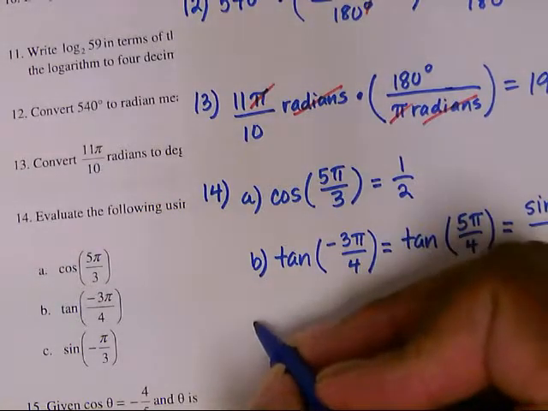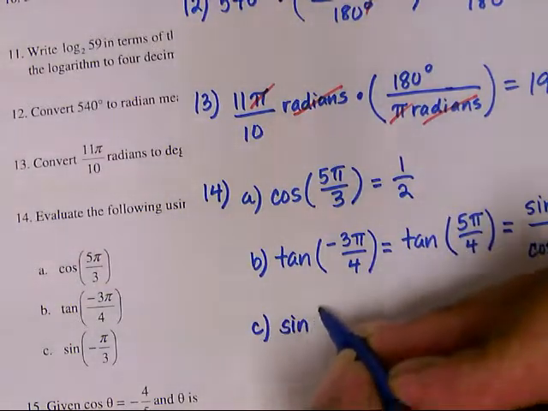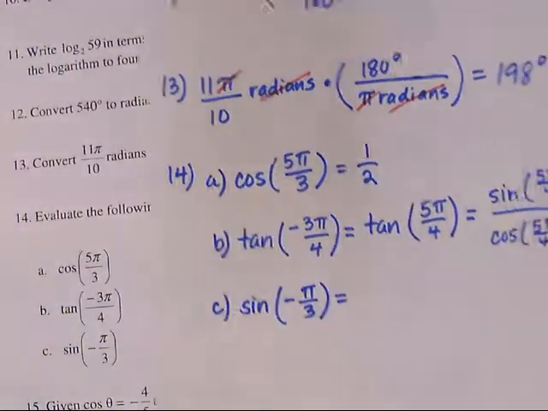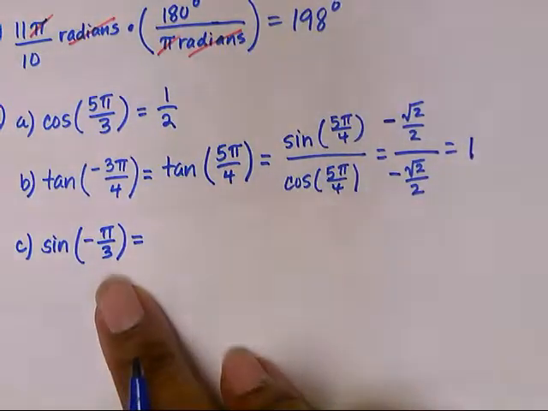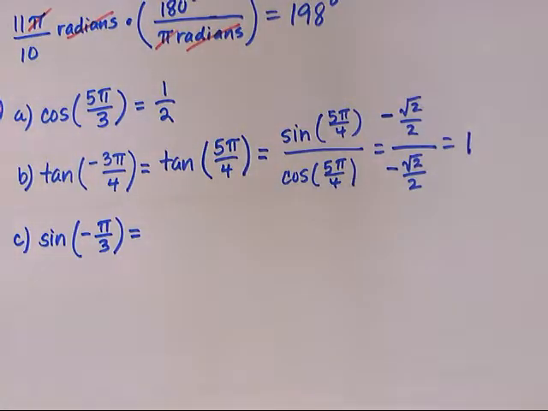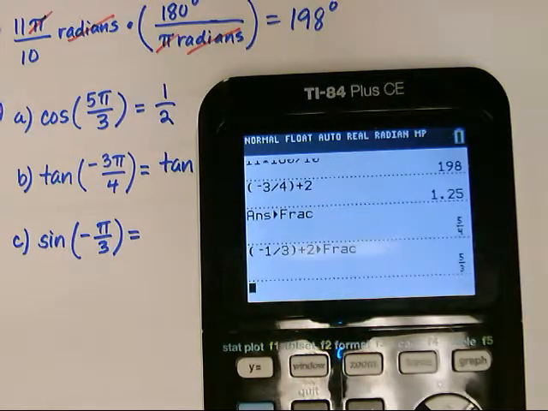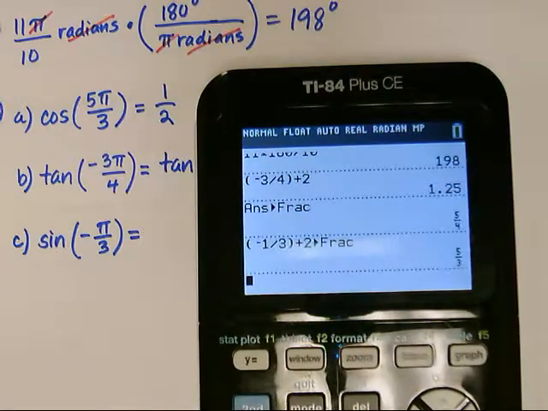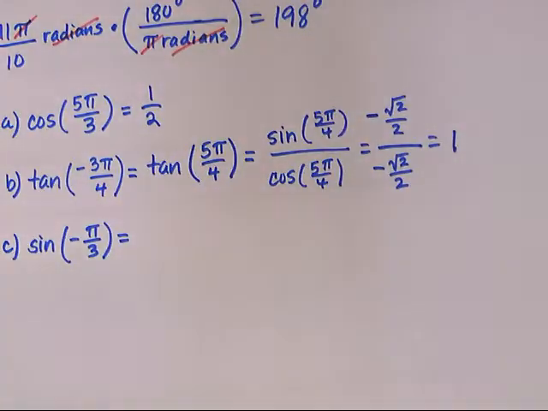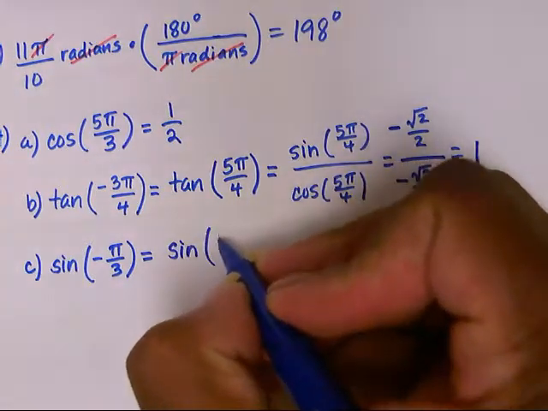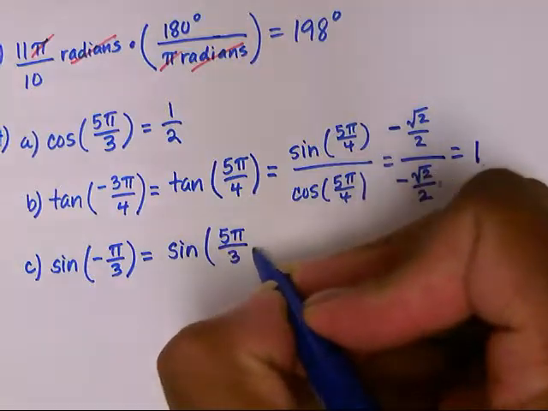And then part C, the sine of negative pi thirds. Now again, I would add 2 pi to that negative pi over 3. And I'm going to treat that like negative 1/3, so negative 1 divided by 3 plus 2. Press the math key and change it to a fraction. This will be 5/3, which is actually 5 pi over 3. So I'm going to be evaluating the sine of 5 pi over 3.